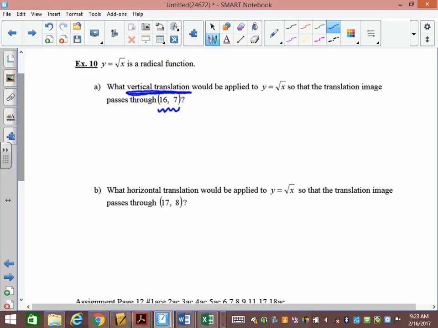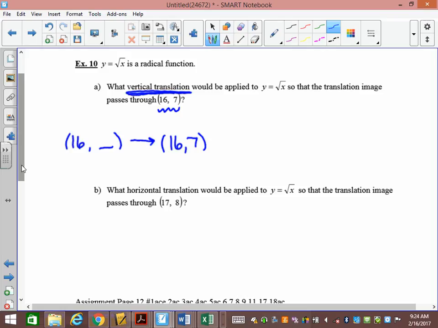So if it's a vertical translation, which one is not affected? The horizontal. So our 16 stayed the same on both, right? It didn't change. So our original point is 16 and something, and it became 16 and 7. Do you agree?